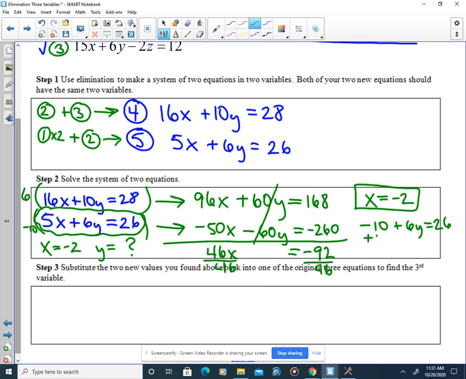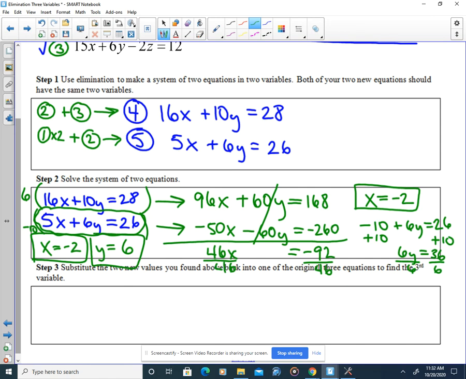Add 10 to both sides. We get 6y equals 36. Divide by 6, divide by 6. We get y is 6. So we got x is negative 2, y is 6. So now we just got to find what z is.